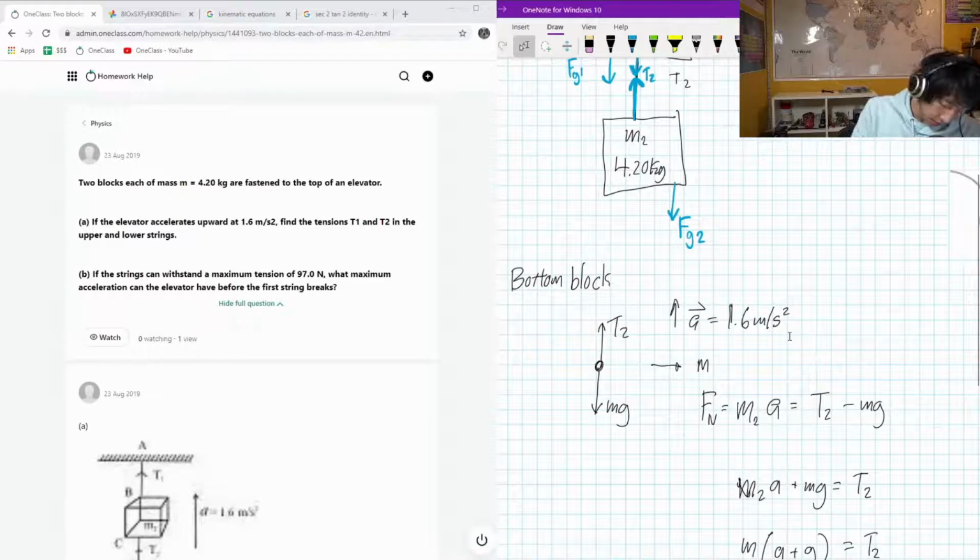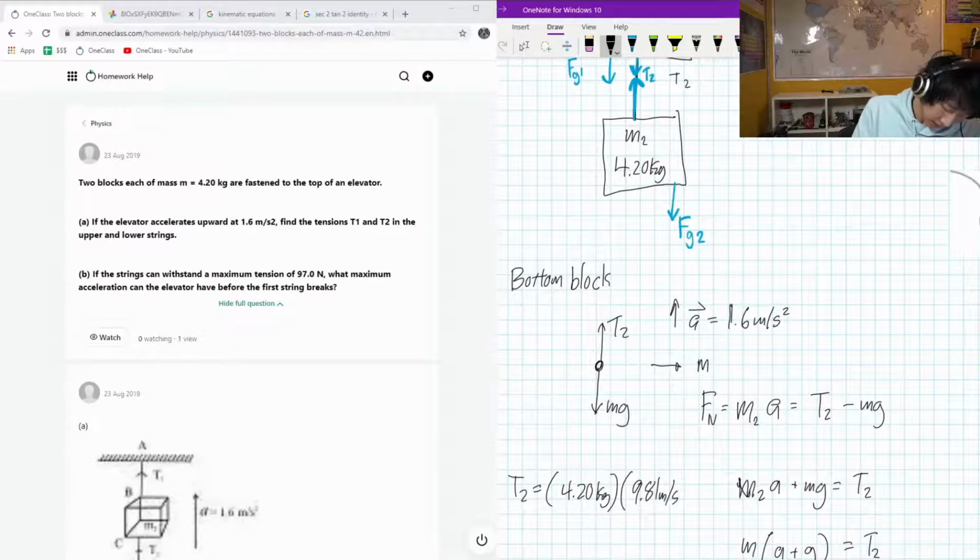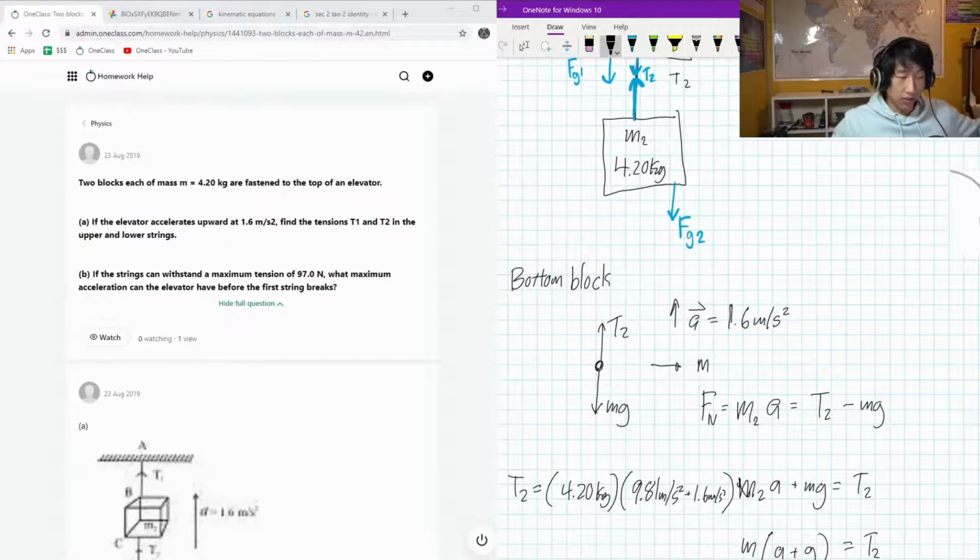Subbing in the numbers, we have T2 is equal to, mass is 4.20 kilograms, times 9.81 meters per second squared going down, plus 1.6 meters per second squared.